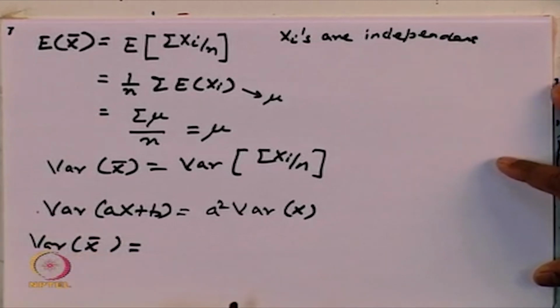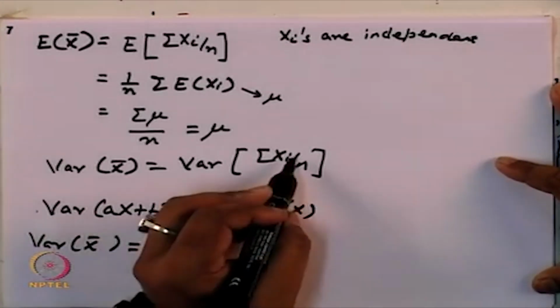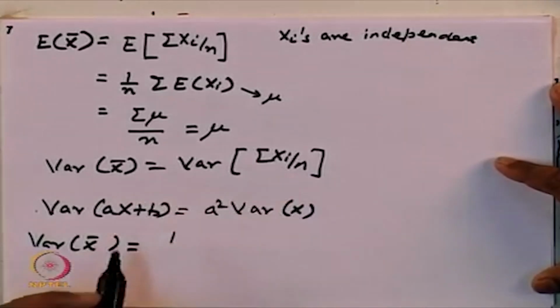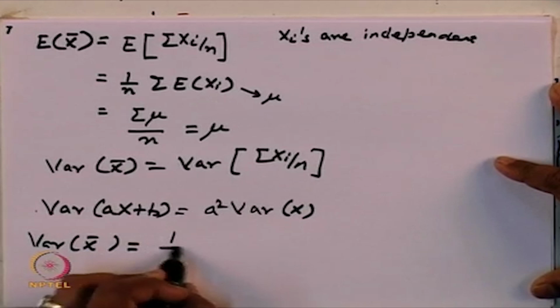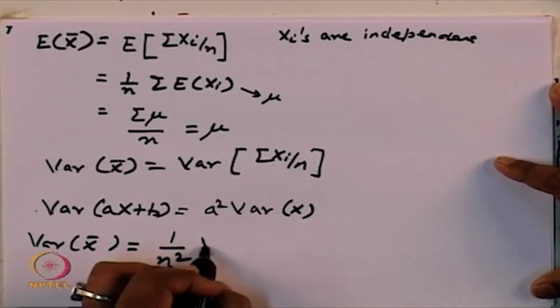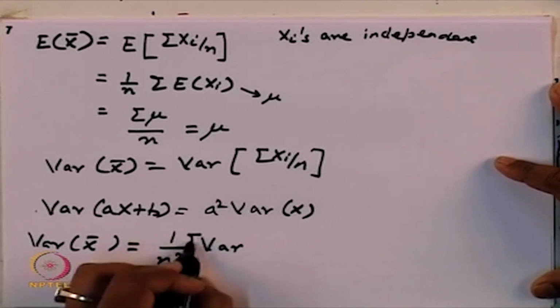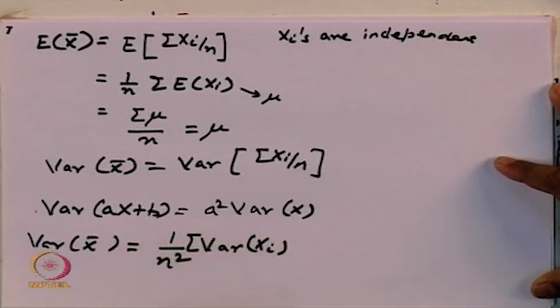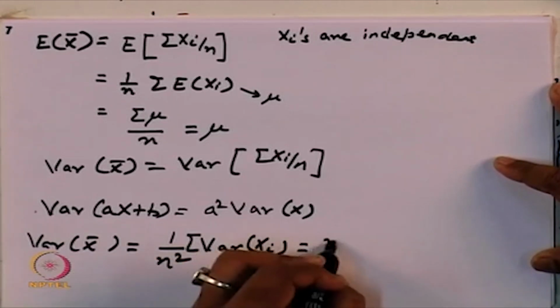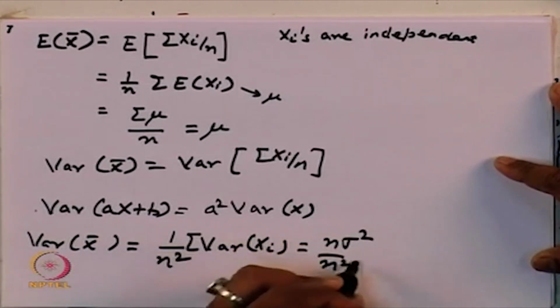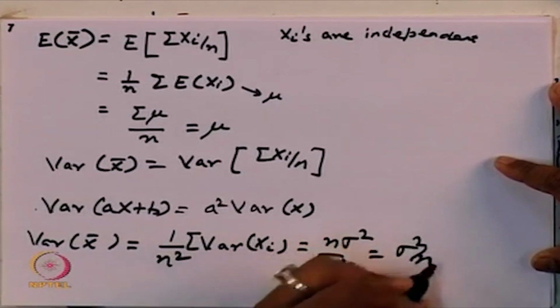So, in this case a is 1 by n, and the variance of x bar will be 1 by n square times the summation of variance of xi, because the xi's are independent. Each variance is sigma square, so I will have n sigma square by n square, which is equal to sigma square by n.